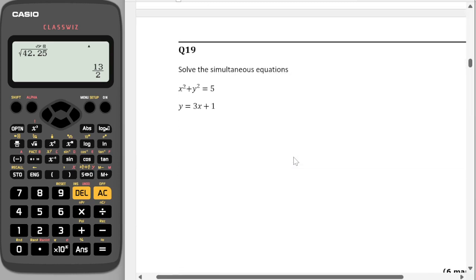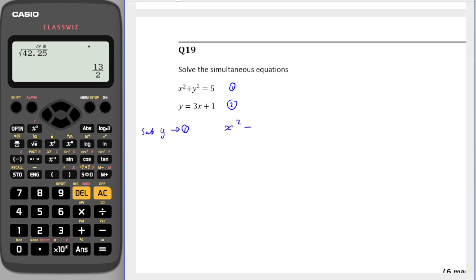Okay, question 19. Solve the simultaneous equation. So if I call that equation 1 and equation 2, I'm going to start by substituting y into equation 1. So that would give me x squared plus 3x plus 1, and that's going to be equal to 5.